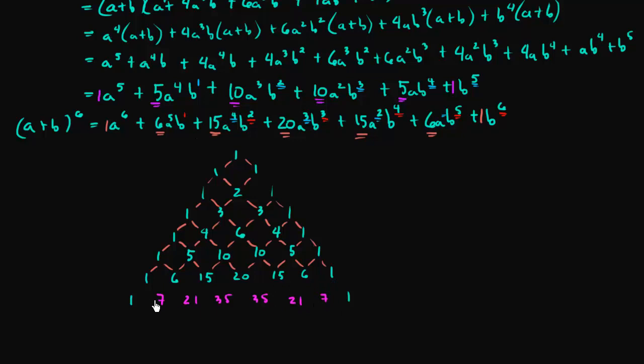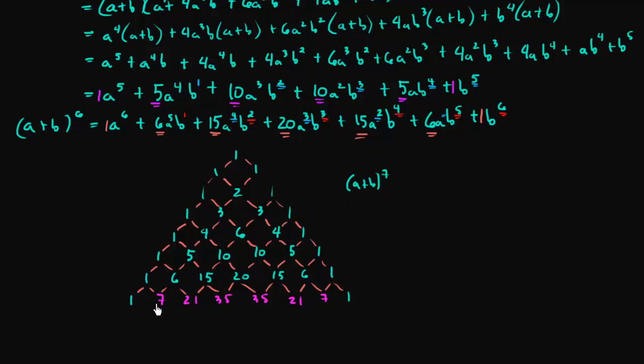So how many values do I have in this row? I have 1, 2, 3, 4, 5, 6, 7, 8. So I have 8 values in this row of the triangle, and I leave it up to you to try to expand a plus b to the power of 7.